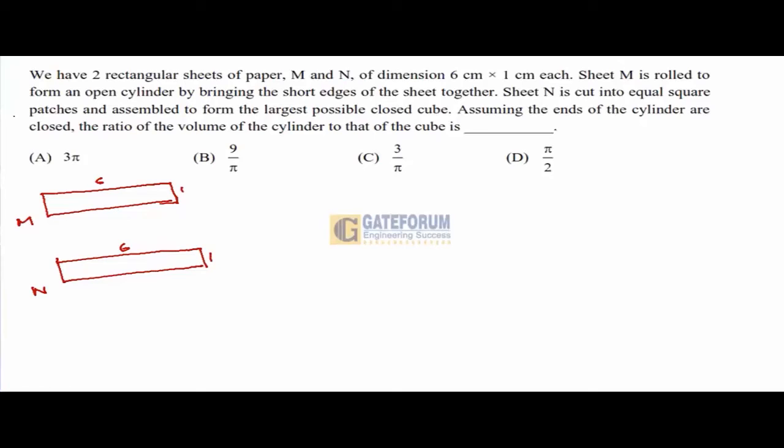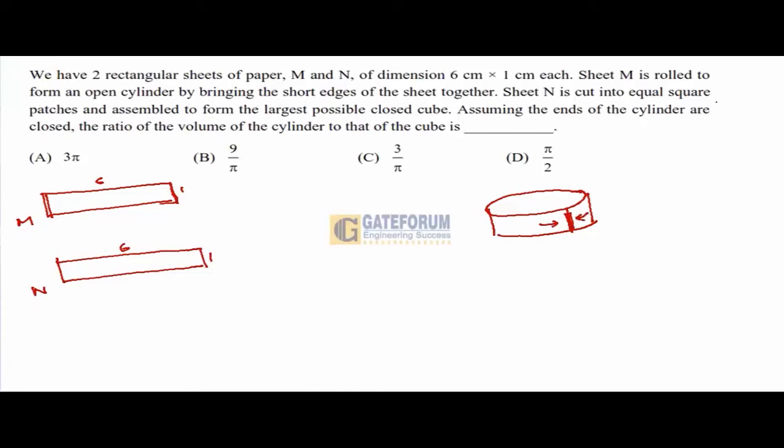Sheet M is rolled to form an open cylinder by bringing the shorter edges together. So these are the shorter edges, they are put together and a cylinder is formed. So the cylinder will approximately somewhat look like this, with the edges brought together like this.